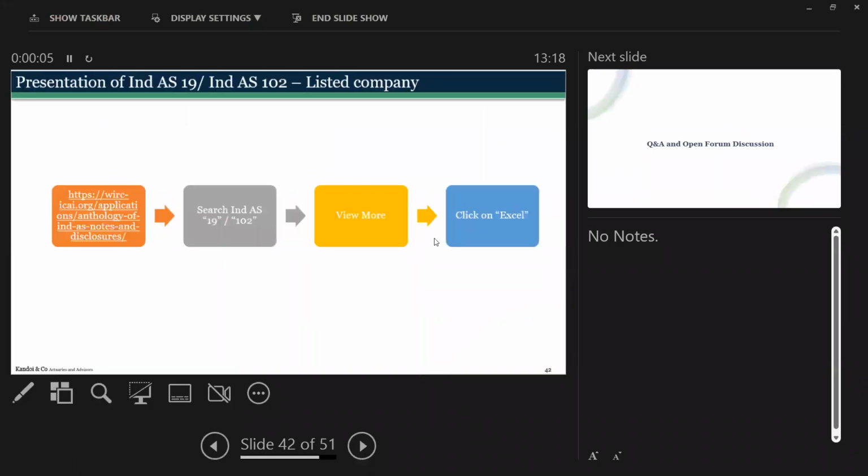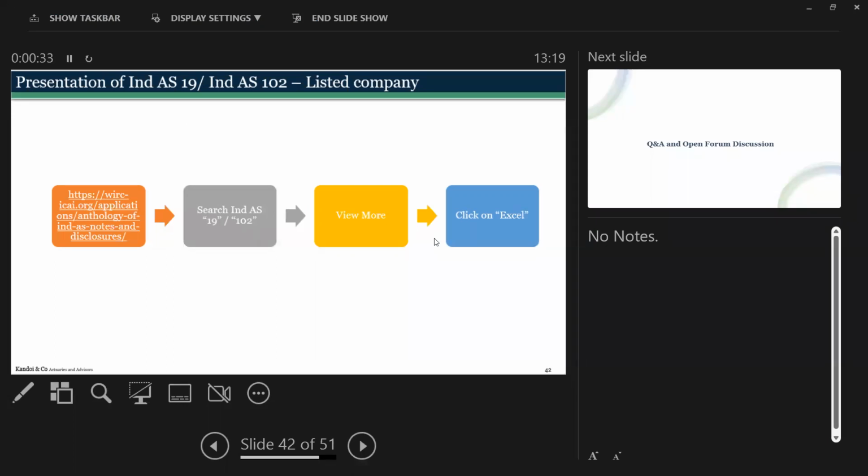Okay, this one link I have given over here, you can browse through maybe at a later time. So WIRC have done one project and they have picked the Excel files of the disclosures and collated them at a single place. So if you want to see the disclosure of any specific index, you can browse through this link, type the number of the index you want, maybe 19102 or whichever index you want.